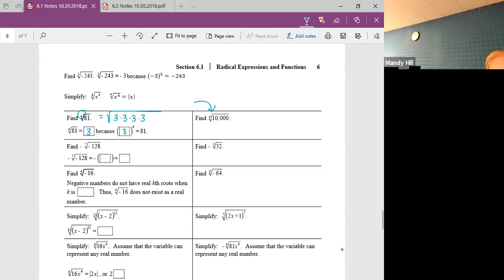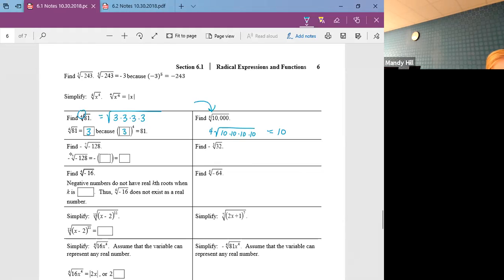So what that means is that 10 times 10 times 10 times 10 is 10,000. And there's 4 of those, so the answer is 10. Now they're saying negative, and then we want something that has 7 of the same thing multiplied together to get negative 128. I'm not going to worry about this negative on the outside right now.